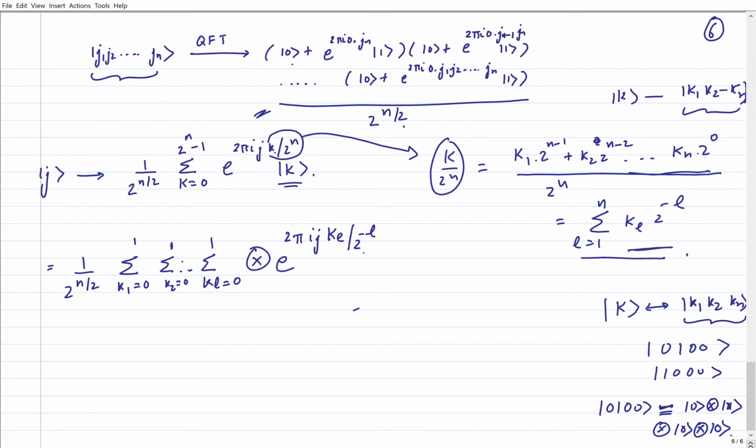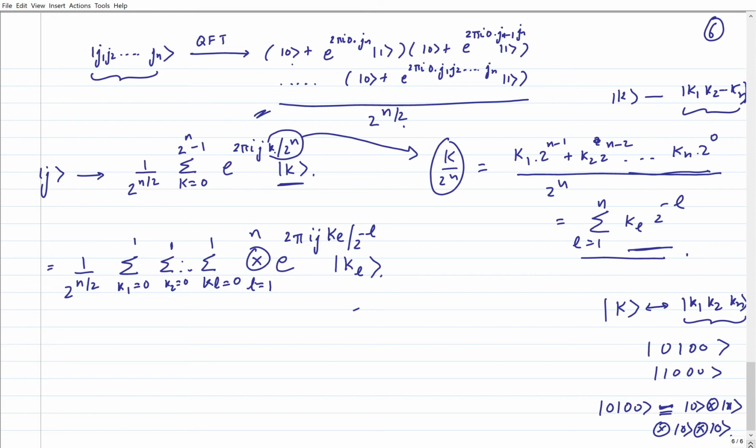This is exactly the same thing over here, kl over here. So that is going from the large n representation to the binary representation of K, and as a result I got an explicit tensor product going from l equals 1 to small n, because there are n bits K1, K2, Kn, kl, each of them ranging from 0 to 1.